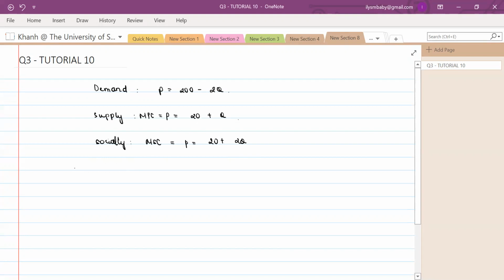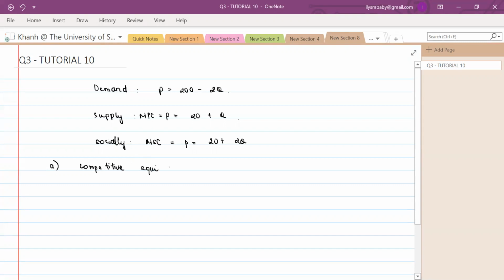All right, so part A of the question asks you to find a competitive market output and market price. The competitive level is the level that doesn't take into account the social costs, only the amount that the firm is willing to supply to the market.